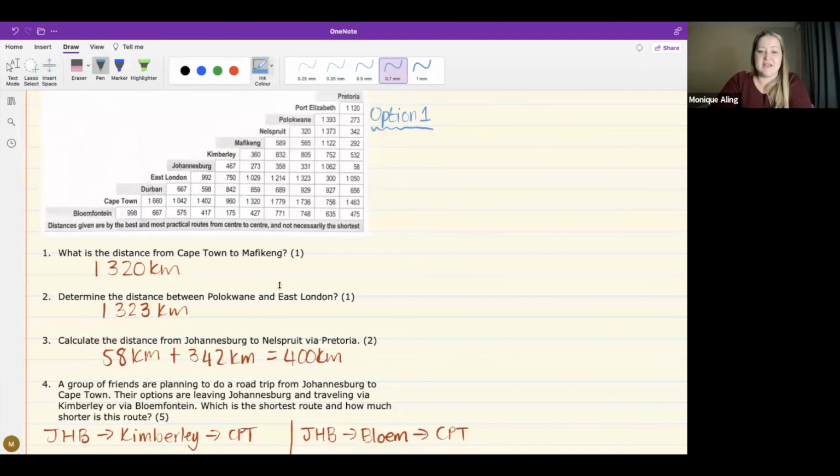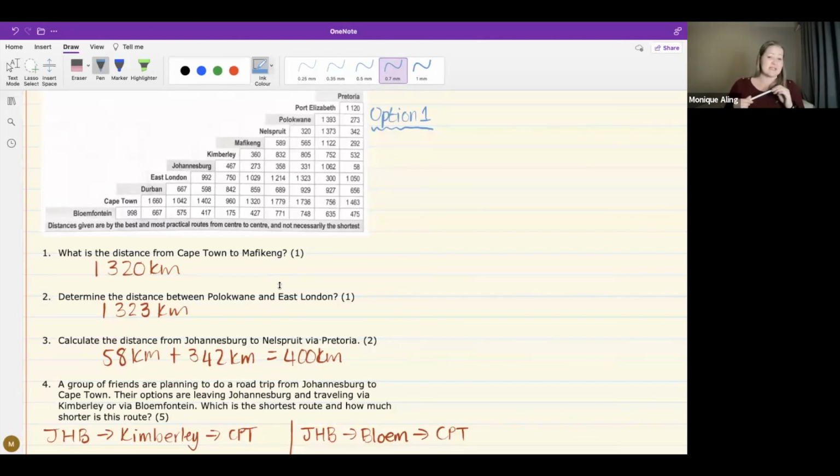Okay, so I see some answers coming through saying via Bloem. Option 2 is faster. By how many kilometers is it shorter? Nice, we're all getting that the Bloemfontein route is the shortest. But remember the question asked is, how much shorter is this route? So Bloemfontein is one part of the answer.